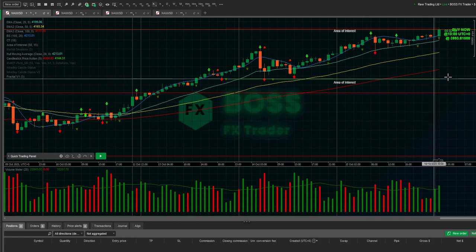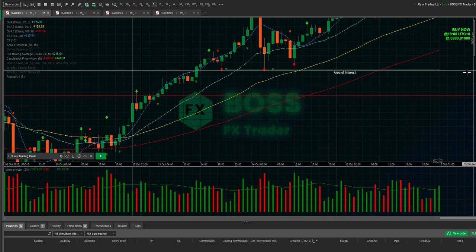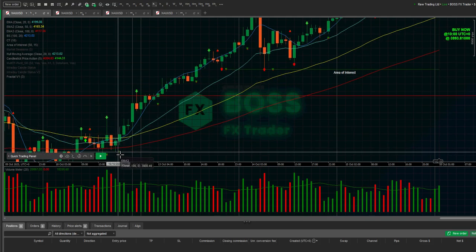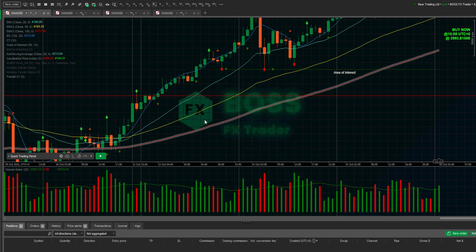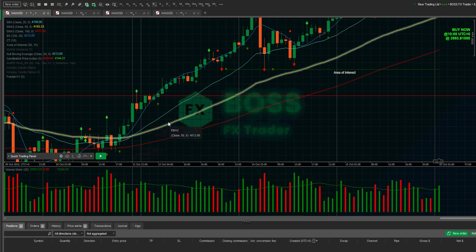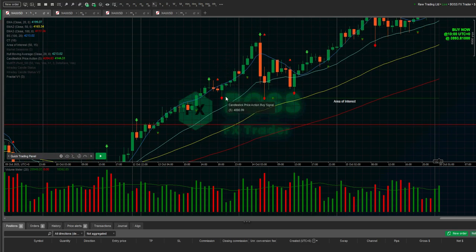And if you look at this, there's a buy here, this arrow, based on our candlestick price action, and then a buy again. So buy again, then there's a sell here, but of course we have to reject that signal because the trend is a solid buying opportunity.